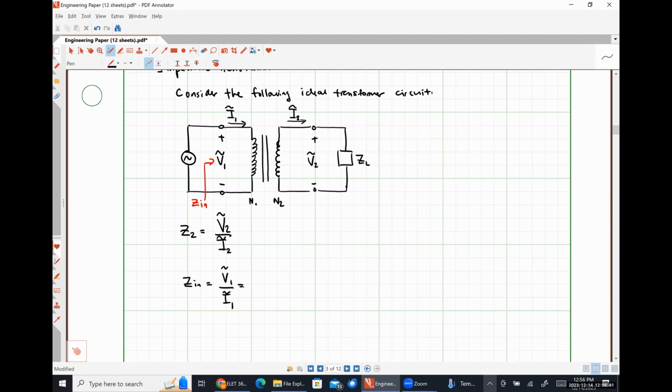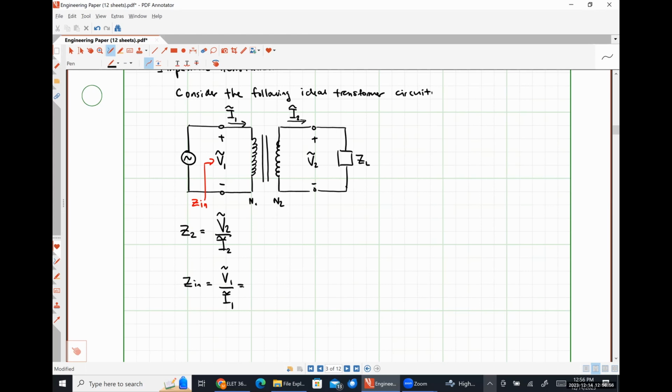Since we have an ideal transformer, we know that the voltage V1 and the voltage V2 are related to each other through the turns ratio. And we also know that our current I1 is related to our current I2 through our turns ratio.